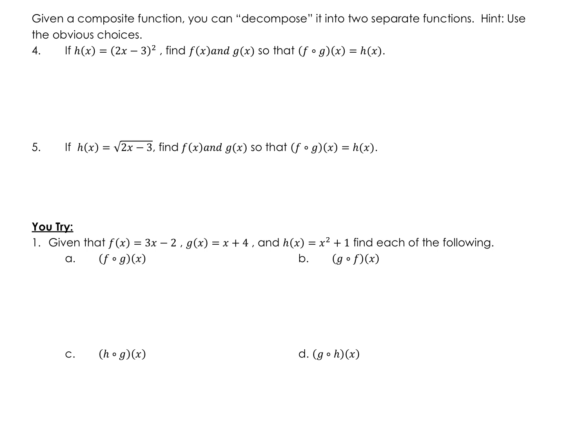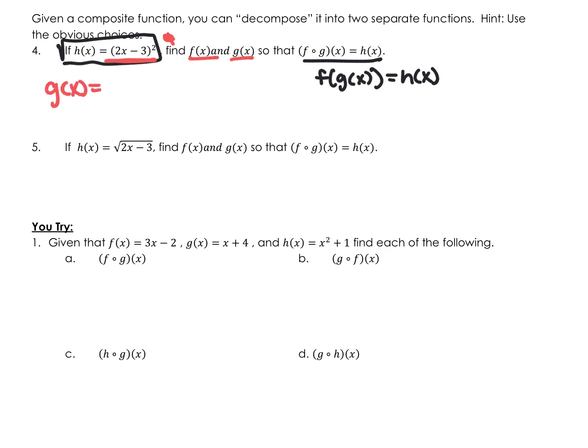They're giving us an answer, h of x, and they tell us over here that h of x is f of g of x. So this equation here is h. This is f with g inside of it. And we're finding f and g. So we're trying to figure out what the g equation is and what the f equation is.